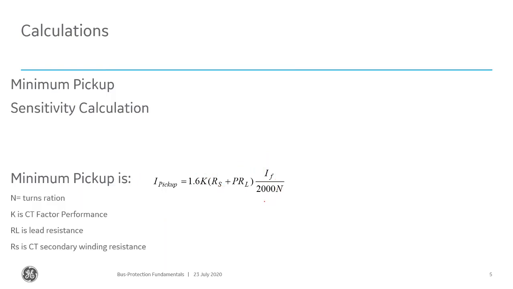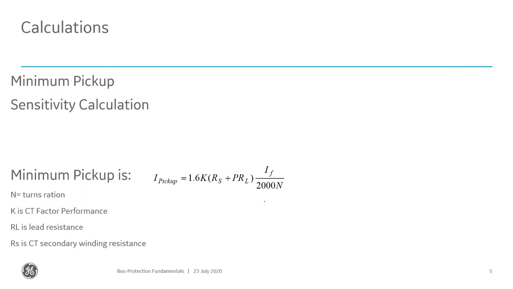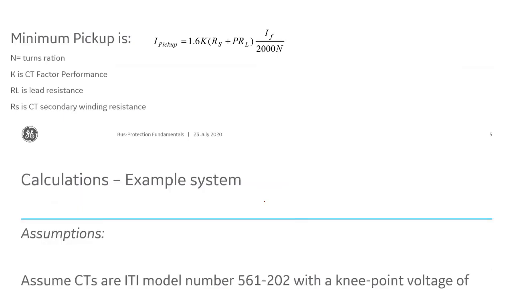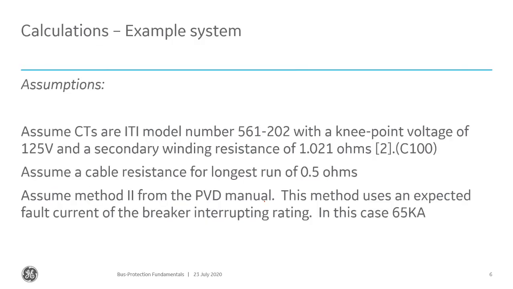To solidify that, let's make some assumptions. Let's assume we're doing this for a medium voltage switchgear, and we're going to use an ITI model number 561-202 CT. I'll show the knee point voltage in a few moments, but the knee point voltage of this particular CT, a 2000 to 5 CT, is 125 volts.